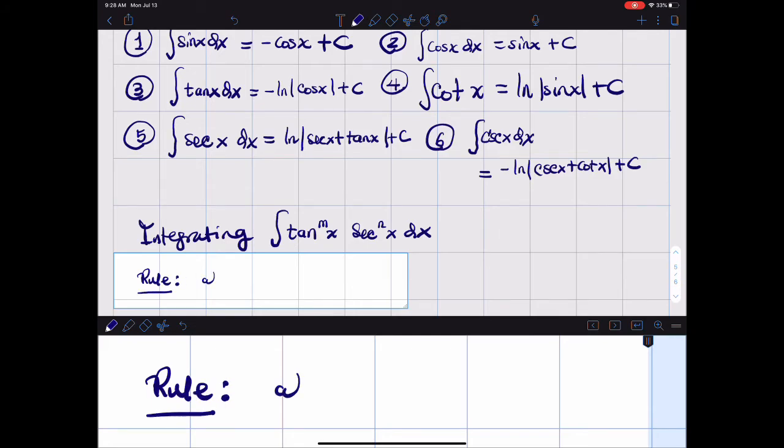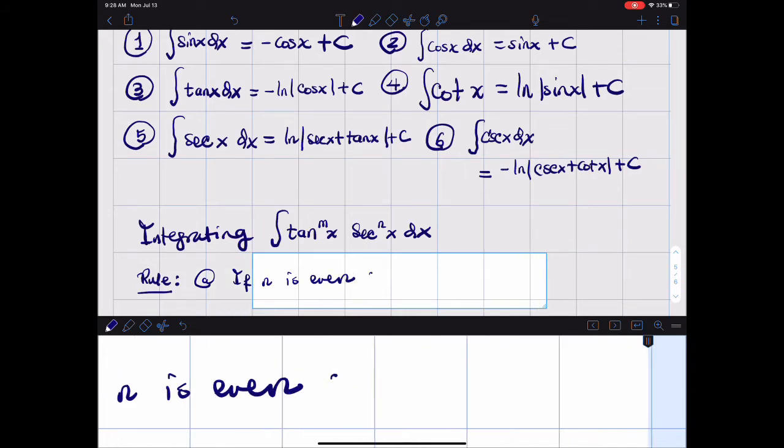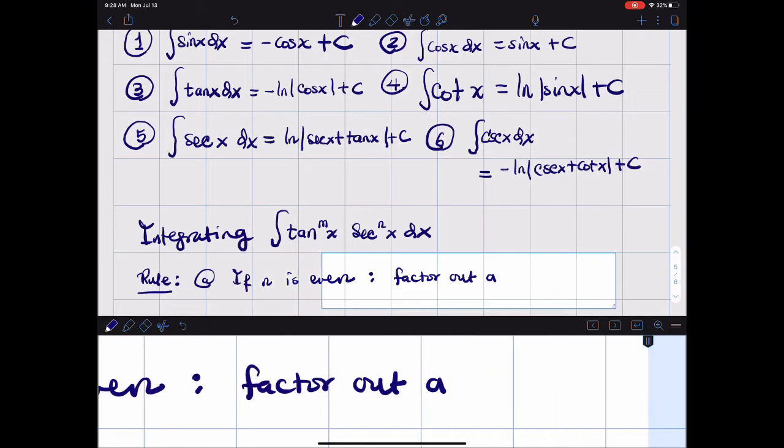Just learn this one. So the rule is, if the power of secant, the power of secant in this case is n, so if n is even, what do you do? You factor out a secant squared x.